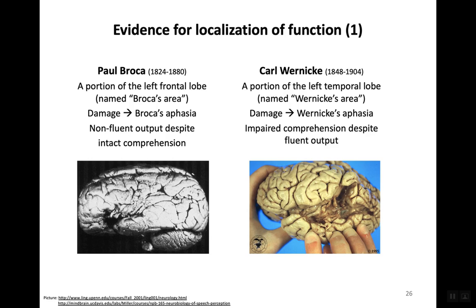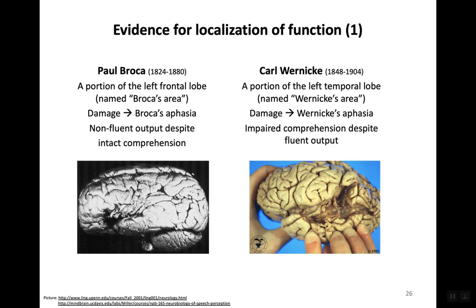So what we've got here are 2 different parts of the brain that seem to mediate different parts of language processing. One responsible for comprehension, one responsible for speech production. So language is not a unique mental faculty. It is rather distributed across different parts of the brain. And this is very interesting if you care about the study of language.